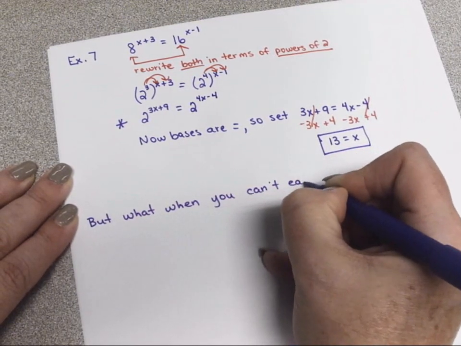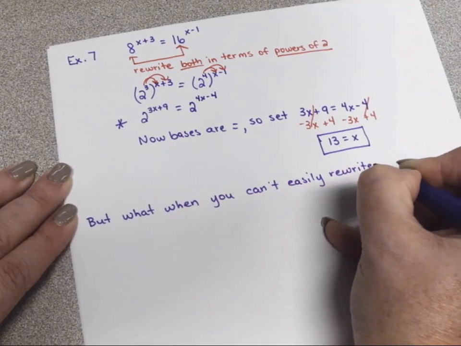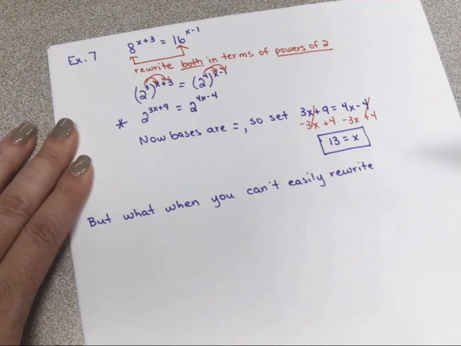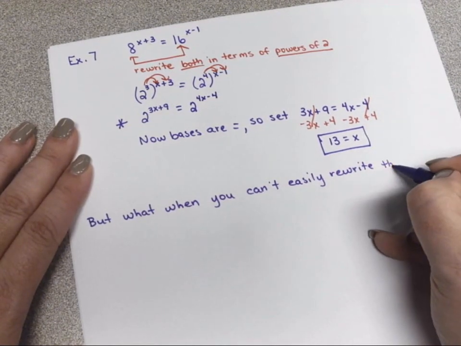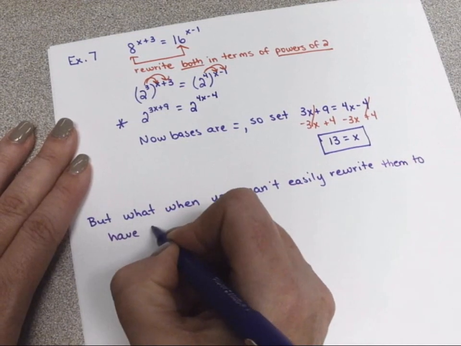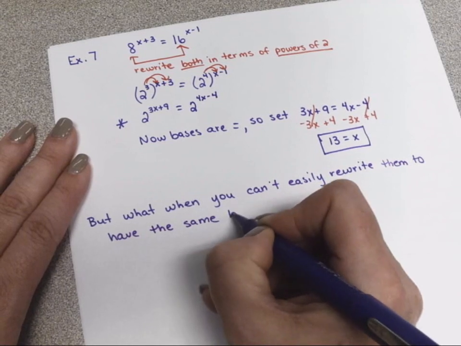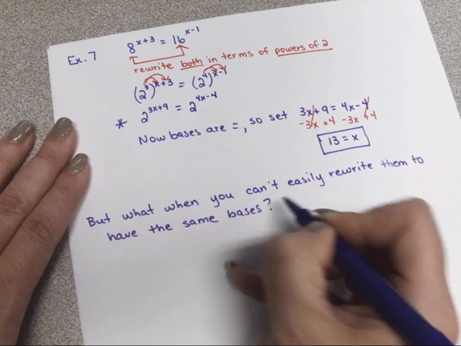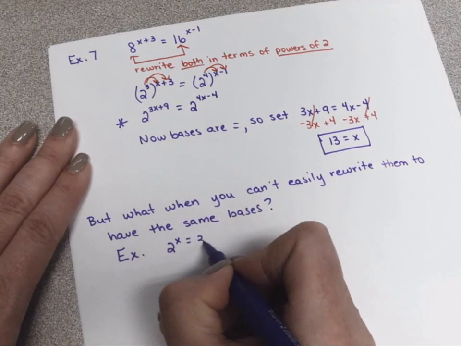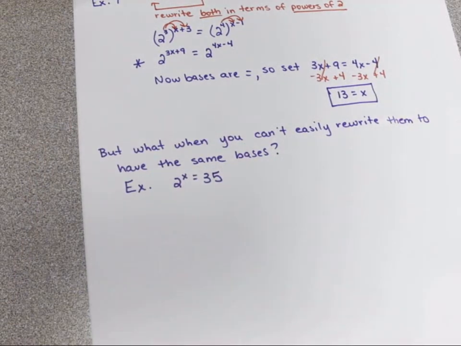So what about when you can't easily rewrite them to have the same base? An example of that would be 2 to the x power equals 35.